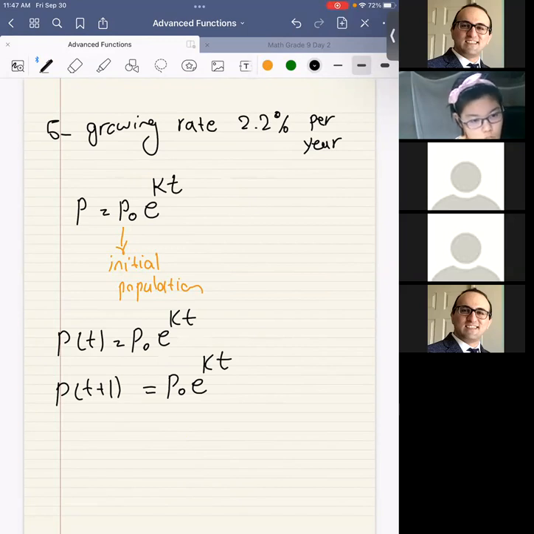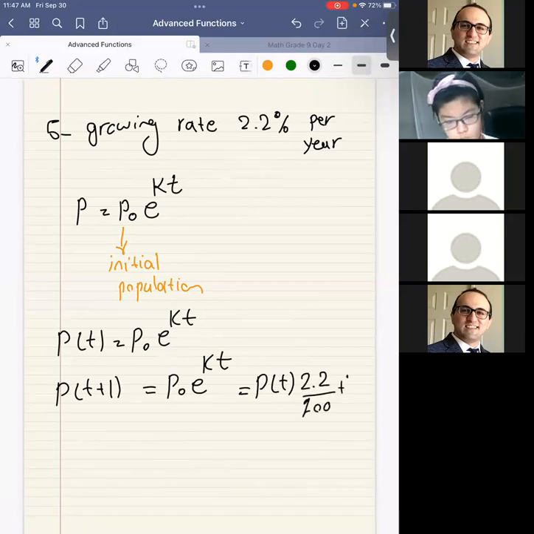And this is equal to P of t times 2.2 over 100 plus P of t, because that's the growth, and you have to add it to the original, right?